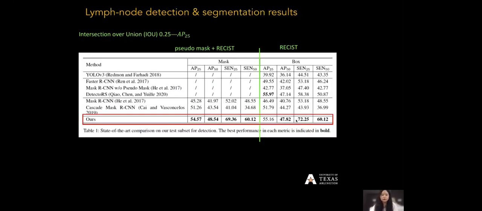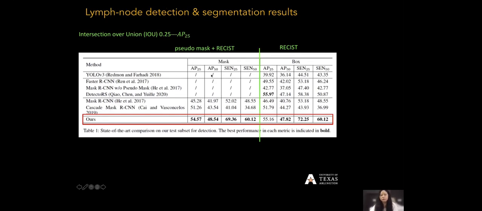We compared our results against several baseline models, for example YOLOv3, Faster R-CNN, and Mask R-CNN, and also the detection RS and the cascade RCNN.